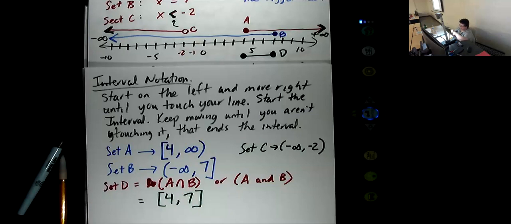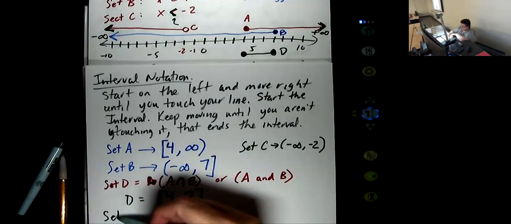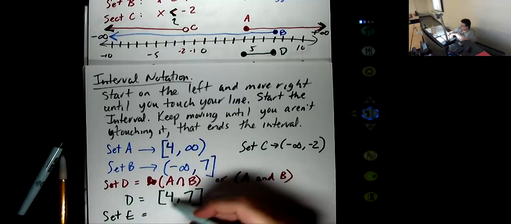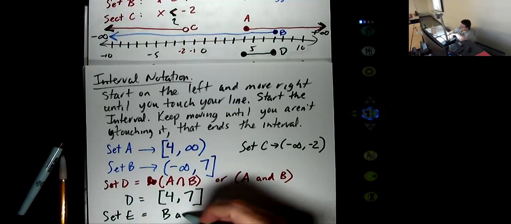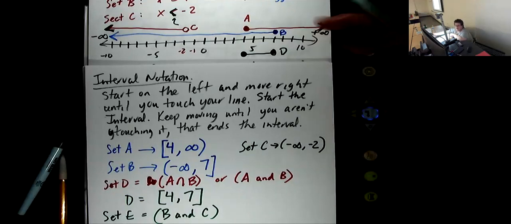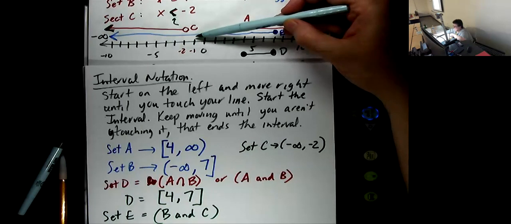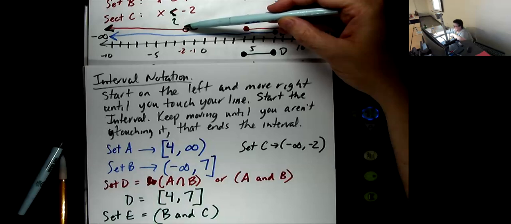Let's make another one. So that was D. We'll call this one E, where B and C are. If I come up to the picture, B is my blue line, C is my left red line.